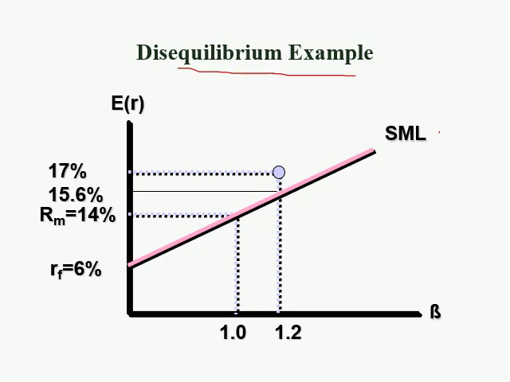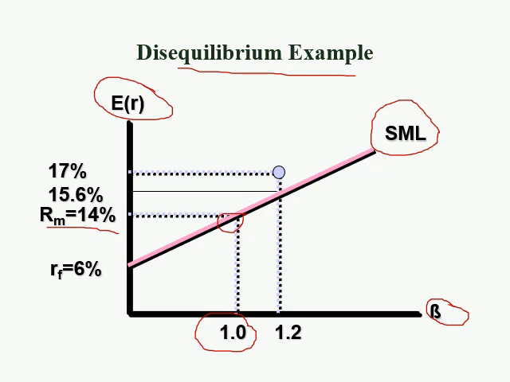The SML, as we said before, is the relation between expected return and beta. And here is the market portfolio with beta always equal to 1 and RM, or expected return of the market, equal to 14%. And the SML is the equilibrium situation.